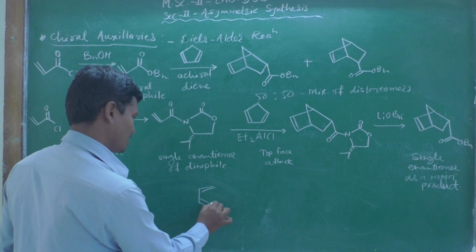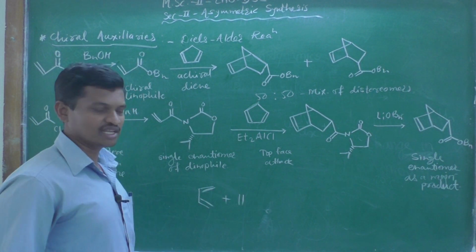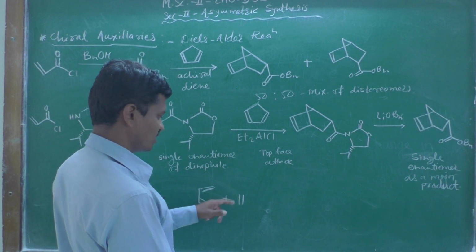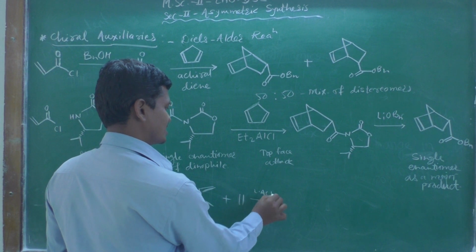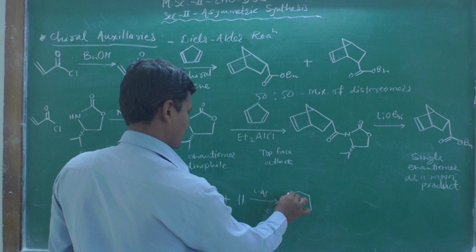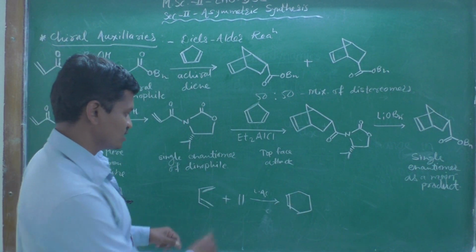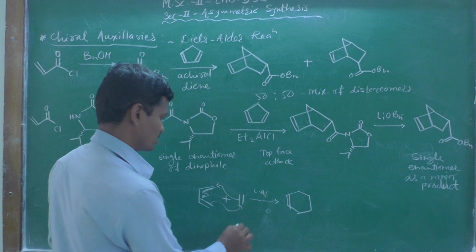This is 1,3-butadiene plus ethylene. 1,3-butadiene reacts with ethylene in the presence of a Lewis acid catalyst, and there is a formation of a cyclohexene ring. So a very simple reaction is possible here.